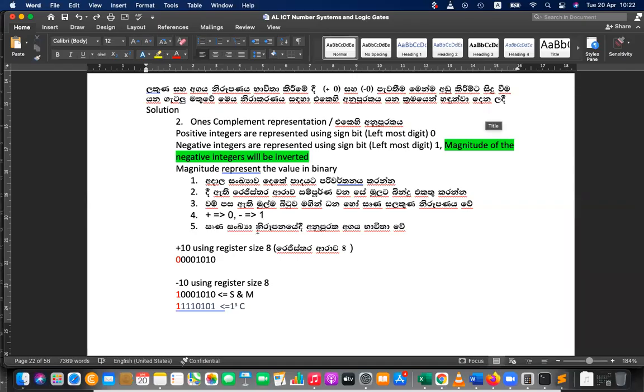Positive numbers, no change. Negative numbers, this is how you write minus 10 in sign and magnitude, but excluding the sign, you invert the other bits. Inverting means 000 will be represented using triple ones, then 1010 will be 010. That's the inversion of the number.